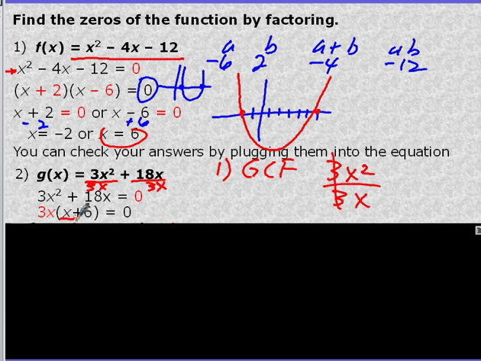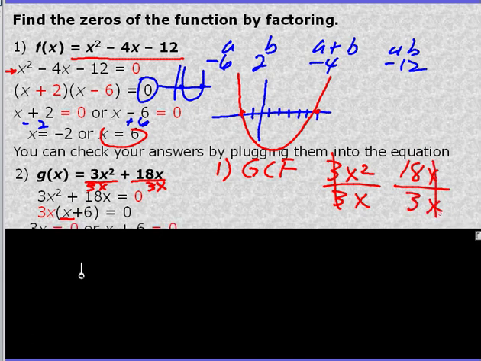When I divide 18x by 3x, the x cancels out. 18 divided by 3 is 6. So now I'm left with this, and this is simplified enough. I'm going to set each of my factors, which are 3x and x plus 6, to 0, just like I did up above.